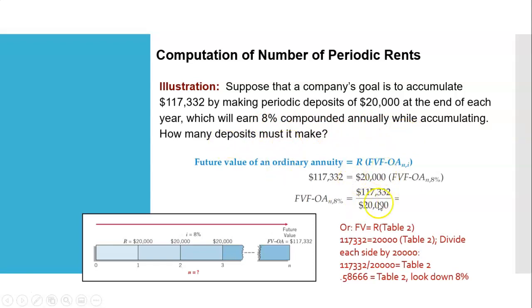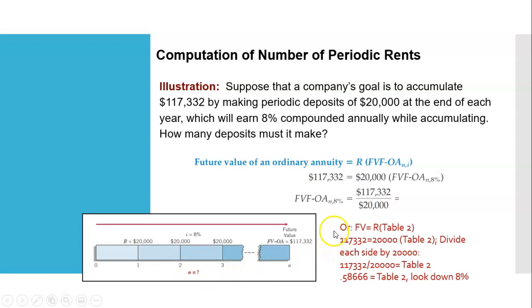Okay, so here they show you the formula, but you could also take a look at the way we do it, which would be we have the future value. Here's our timeline. Our future value is 117,332. It's compounded annually, so our interest is 8%. Our rents are 20,000 per period, and our N is what is unknown, the question mark.